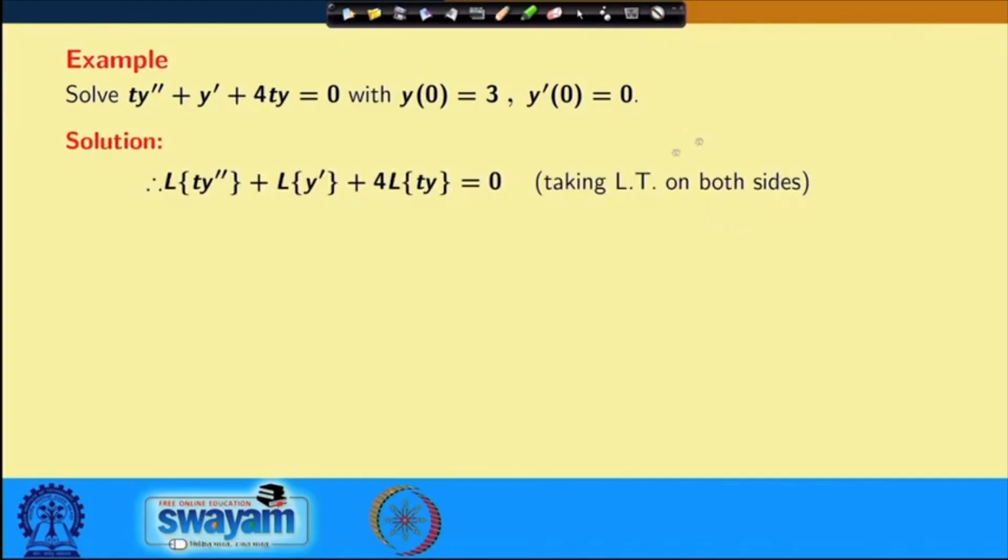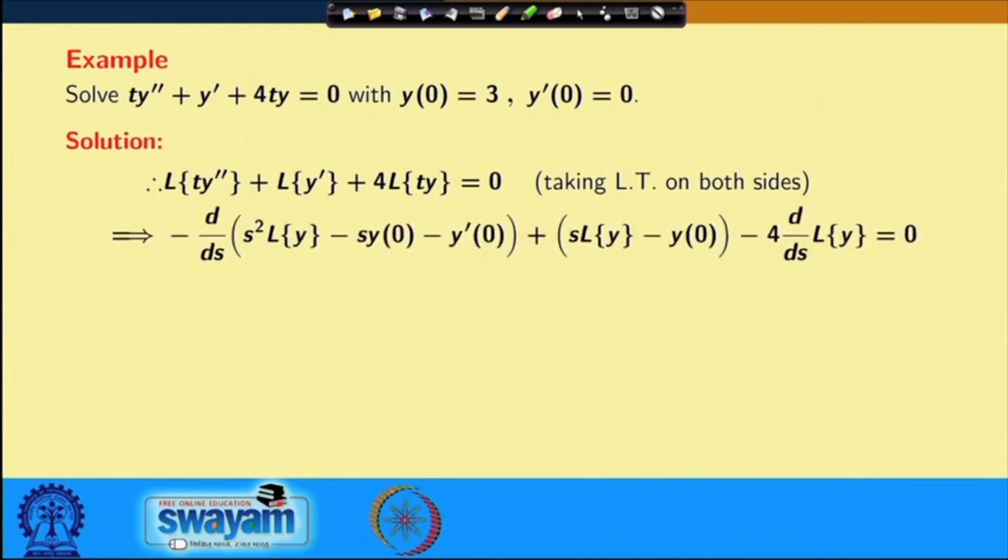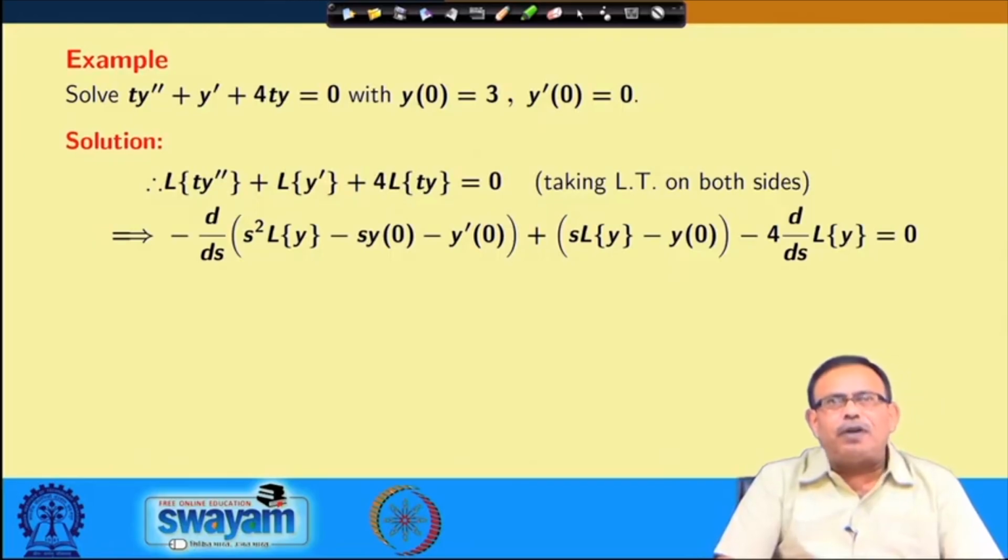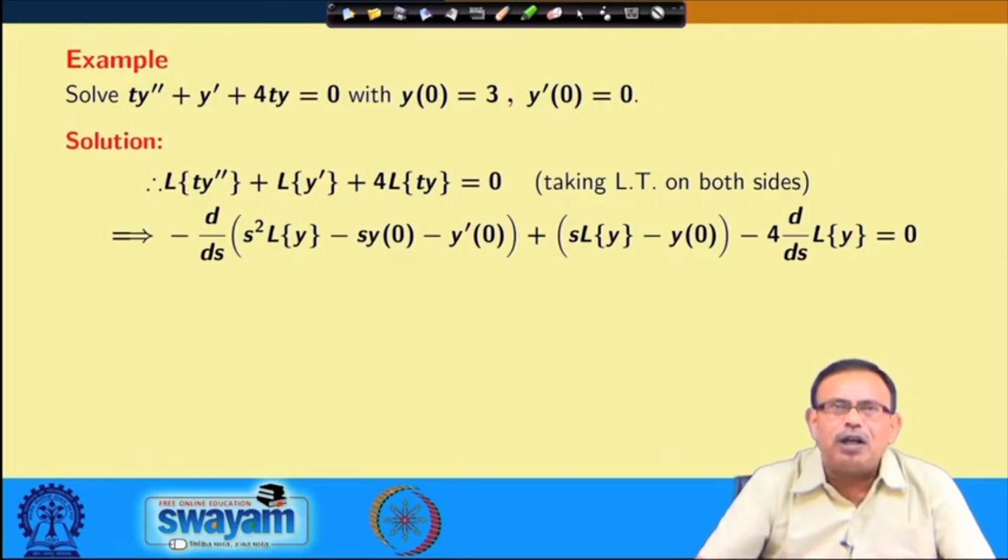So you have the Laplace transform of t y double dash plus Laplace transform of y dash plus 4 times Laplace transform of t y, equals 0. As I told you, Laplace transform of t y double dash is nothing but minus d/ds of Laplace transform of y double dash.